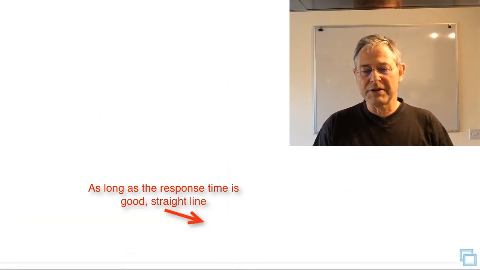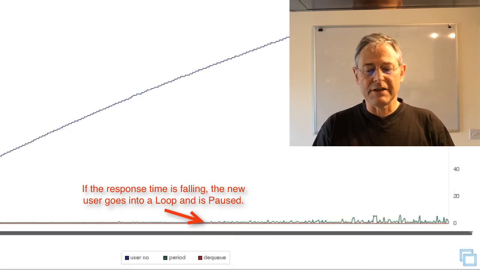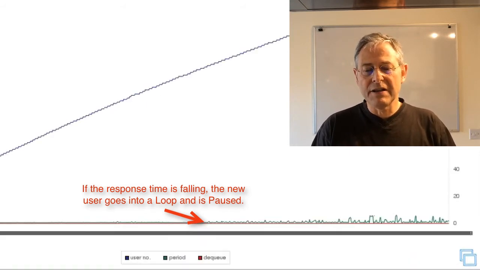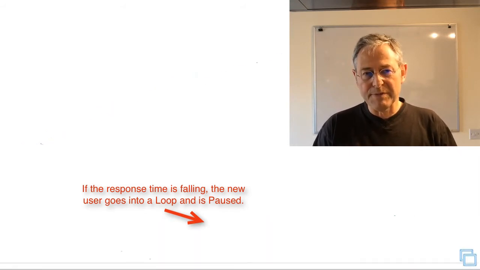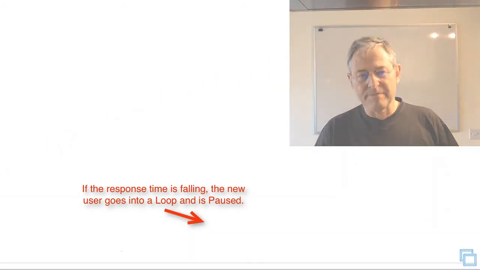If the current response time or the performance is falling, then we put the new user into a loop and they don't go forward and start doing their work until the performance is recovered. So we're trying to take the load off the server by that mechanism.